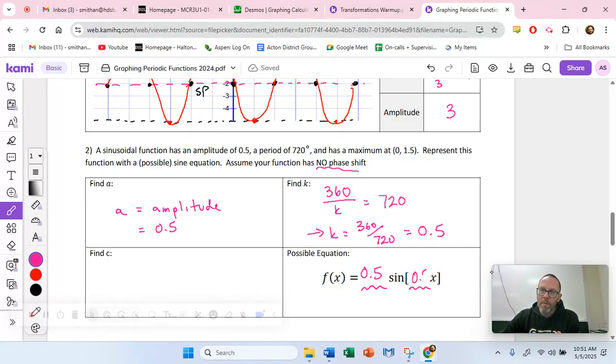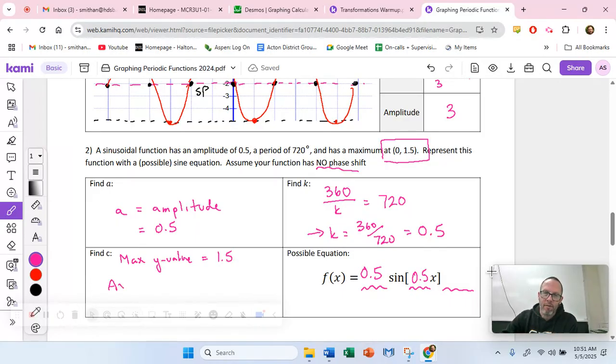We have to work a little bit for the third blank, the axis. But the one piece of information we haven't used yet is that the maximum y value is equal to 1.5. Now, if you know the maximum and you know the amplitude, then you know where the axis is.